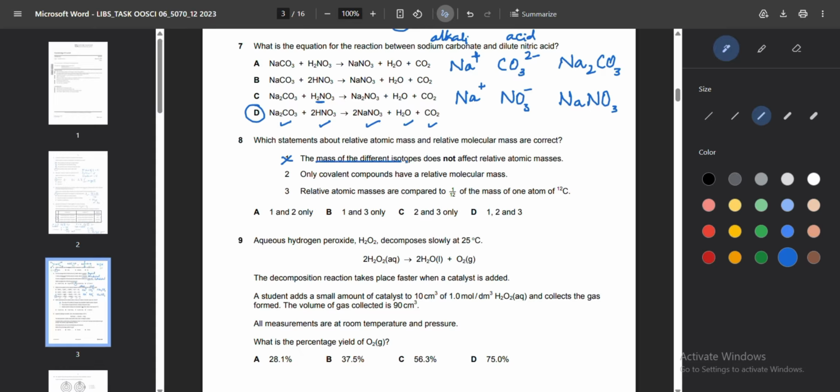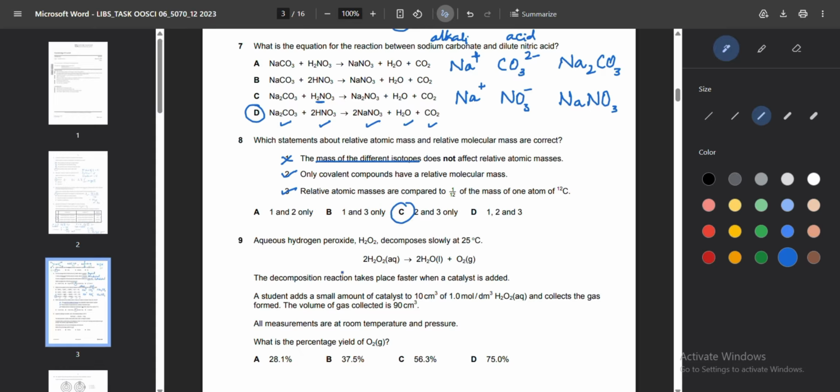So mass of different isotopes is important. Next is that only covalent compounds have relative molecular mass. Yes, that's the correct one, because for ionic compounds we just take the relative formula mass, and for covalent compounds we take relative molecular mass. The third option is that relative atomic masses are compared to 1/12 of the mass of one atom of carbon. So this option is also correct. So that makes option C the correct option.